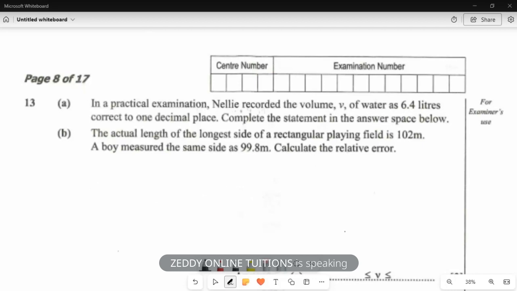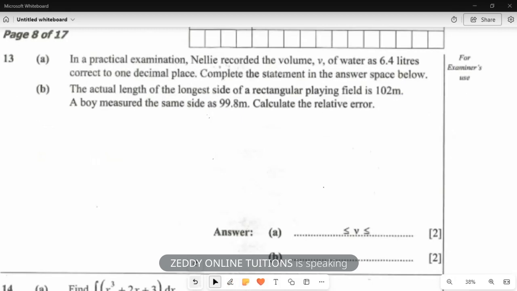This other method is you count the number of decimal places. If you've just been given, let's say, 5, with no decimal places, what you do is you say 1/2, and you get 0.5 as your absolute error in this case. You get the point?